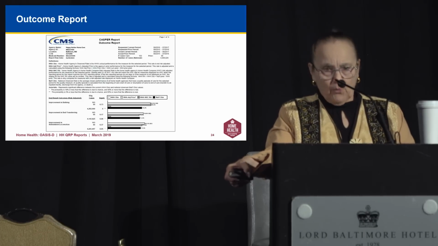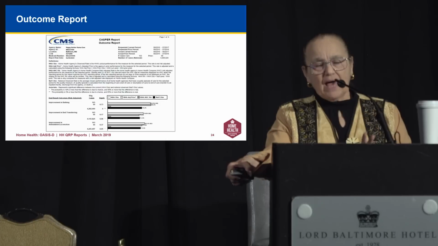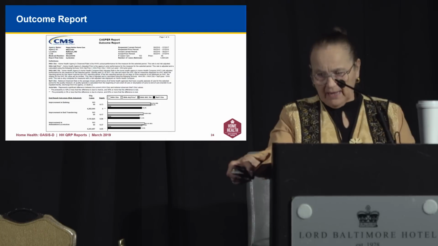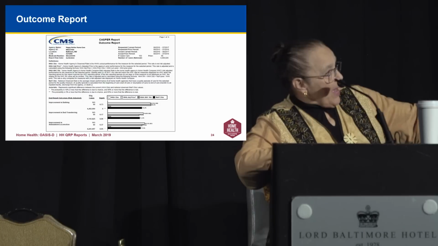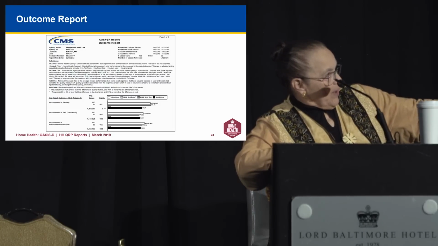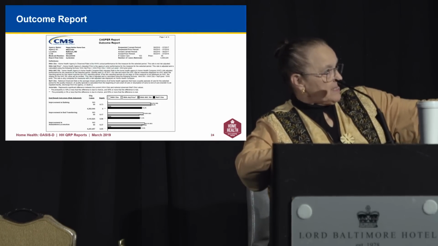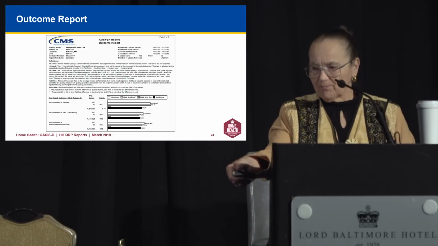The outcome report. So those measures that we are looking at, what was the ultimate outcome? Here, you're looking at different colored bars, and we're going to go over these. You have the outcomes listed, you have how many eligible cases there were, the statistical significance, and then you're looking at each of those 4 color bars.